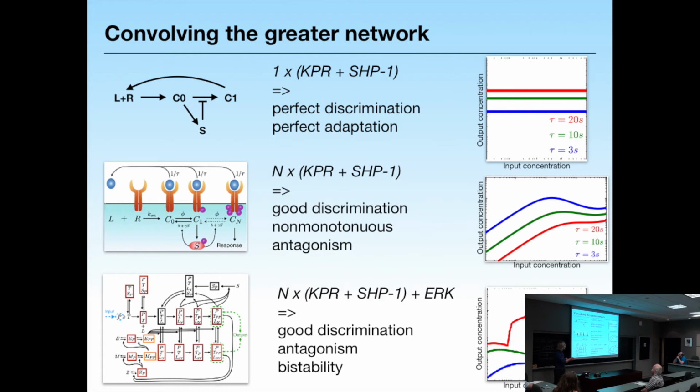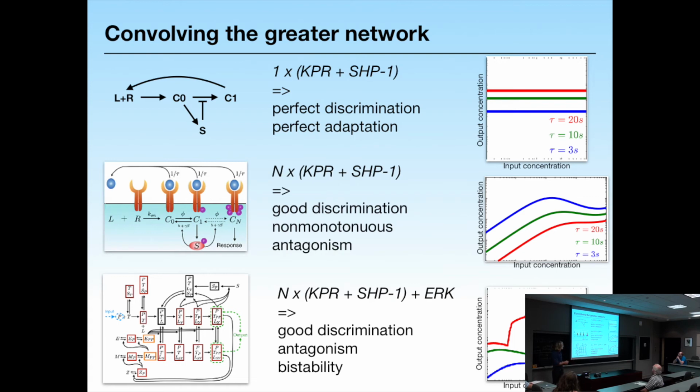This means flat lines. But we know this is not biology. Biology has SHIP1 that is not isolated, working on just one node, but working on many nodes, and there are many of those steps. So when we have n of those steps, we find non-monotonicity in the output curves, and that is something that we know exists.